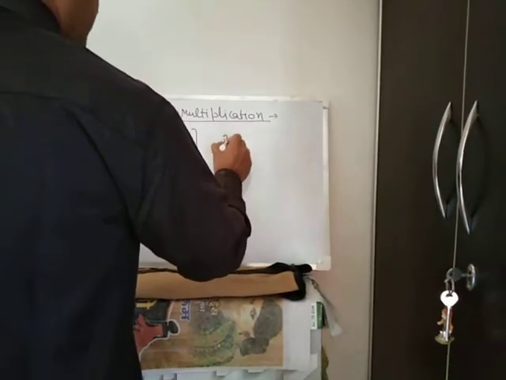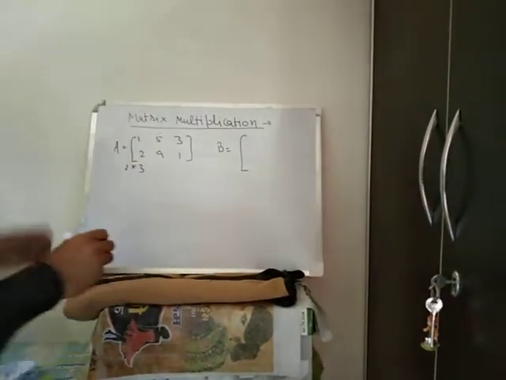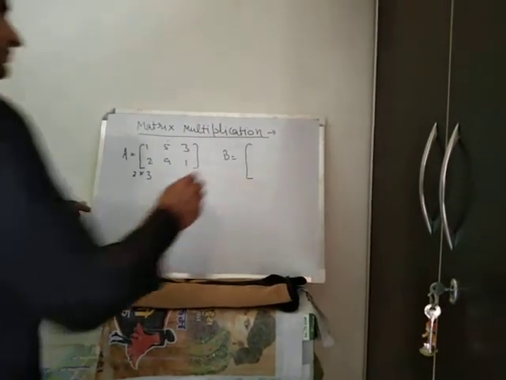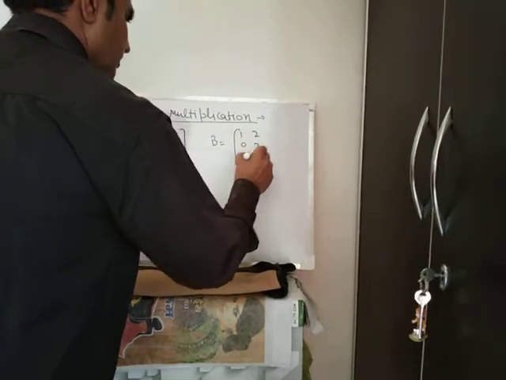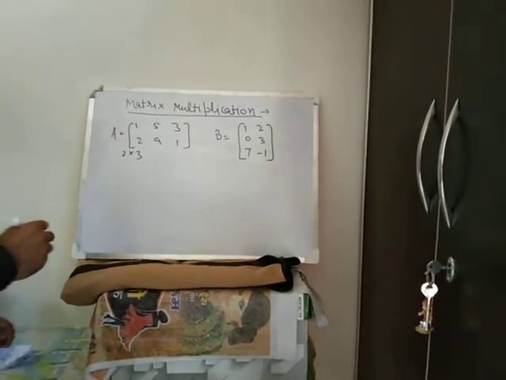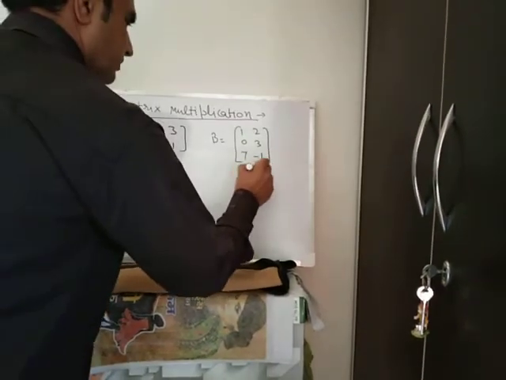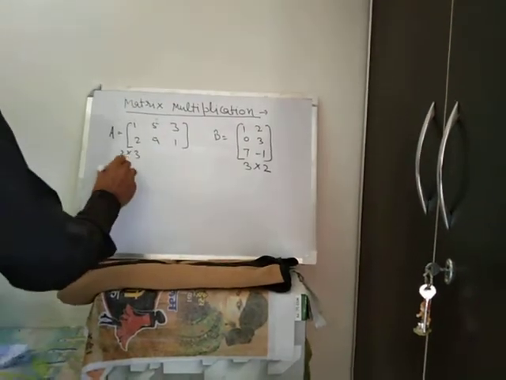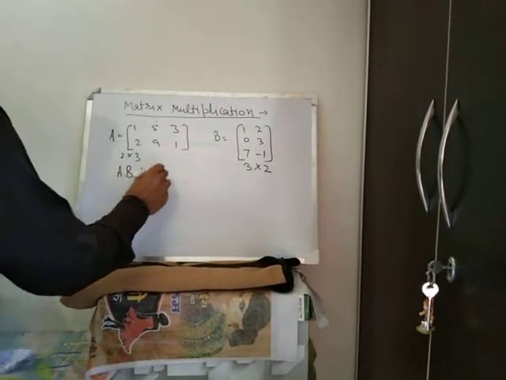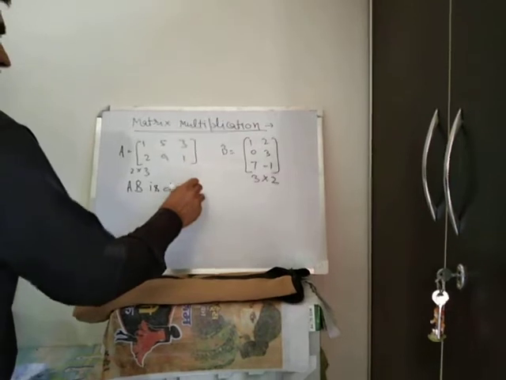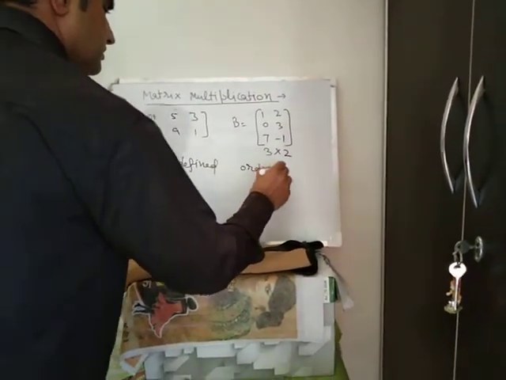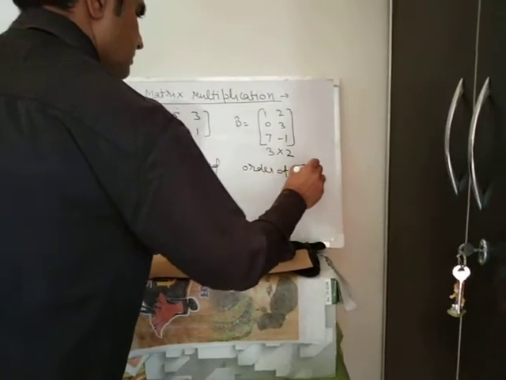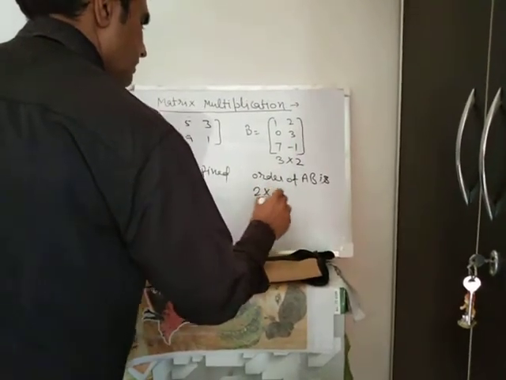Then B definitely must have 3 rows: 3, 1, 0, 7, 2, 3, minus 1. This order is 3 by 2. So A into B is defined, and the order of AB is 2 by 2.